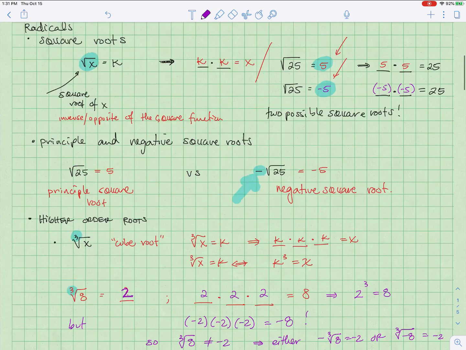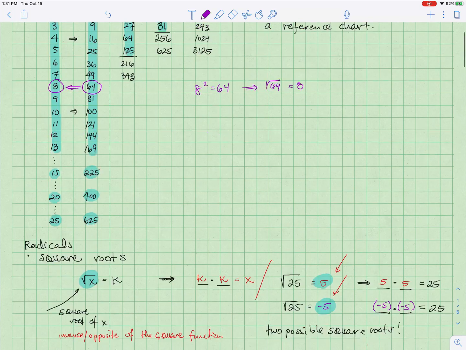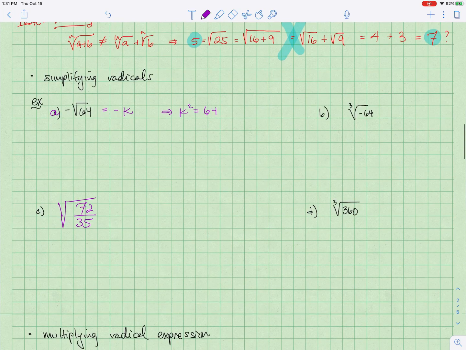So if I have that memorized, or I go back to the very beginning and look at my chart, and I look for the perfect squares that will give me 64, turns out that that's the number 8. So if 8 squared is equal to 64, then the square root of 64 is equal to 8. That's how that works. And so coming back here, this is equal to negative 8. That's pretty straightforward.